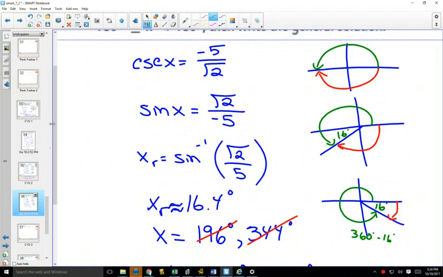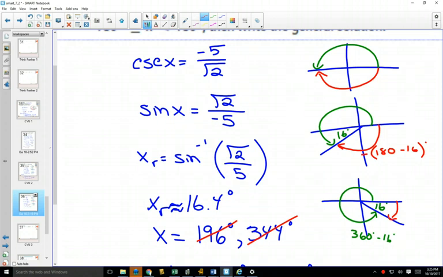So those are my answers between 0 and 2 pi, or 0 and 360 degrees. To get the negative ones, the red ones, I said to myself, halfway around is 180, and if I minus 16, whatever I get, I'll make it negative. And this one is really easy to see. If my reference angle is 16, then this angle will be negative 16.